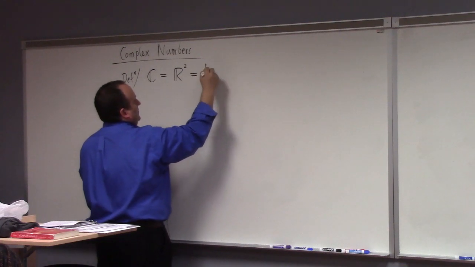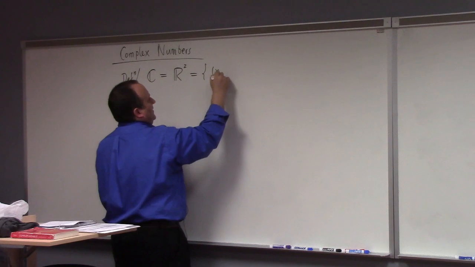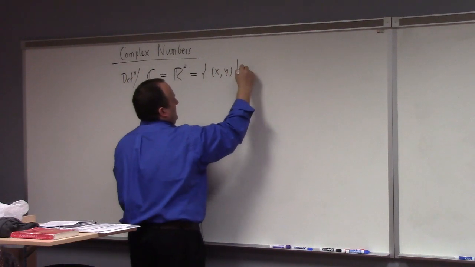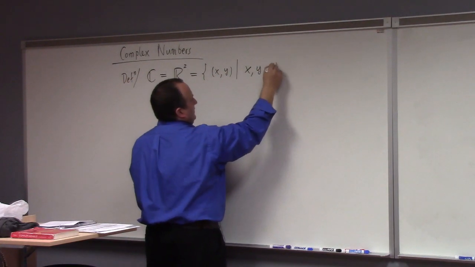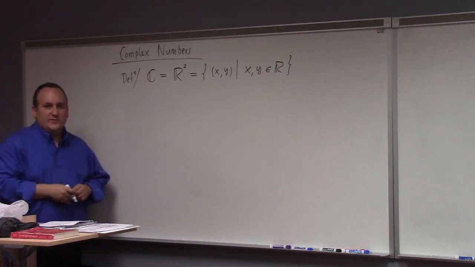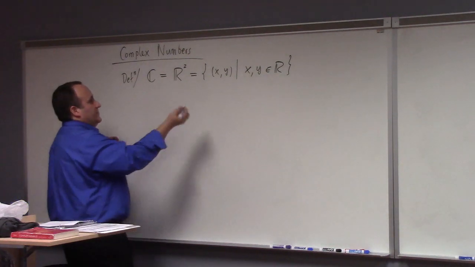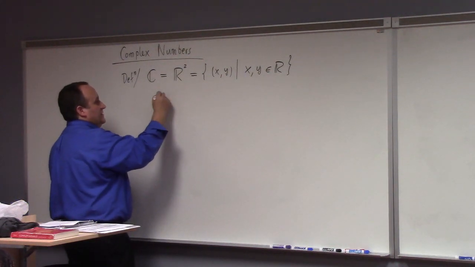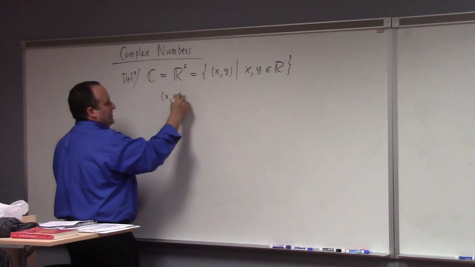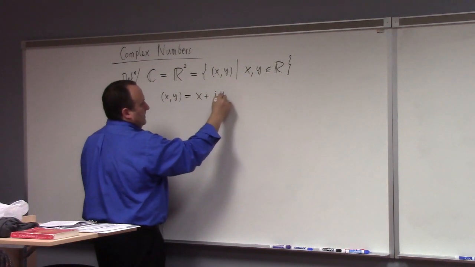So basically it's x comma y such that x and y are real numbers, right? But we almost never use that notation, all right? We're going to use the notation that x comma y is actually equal to x plus iy, right?